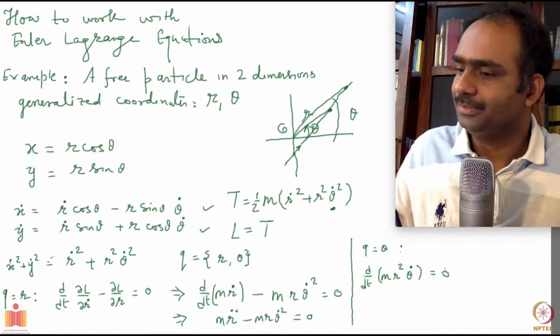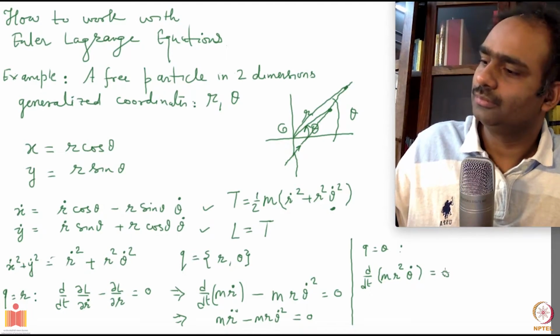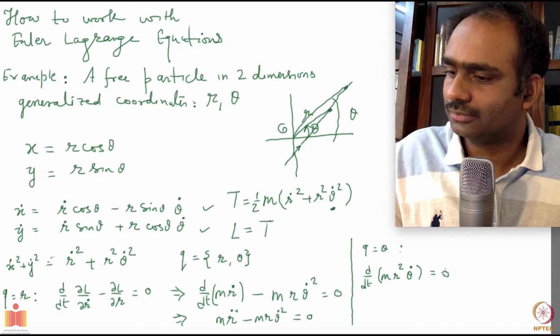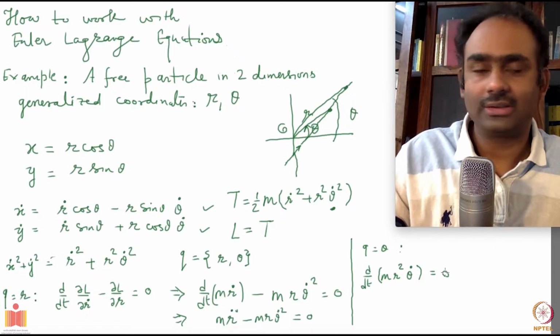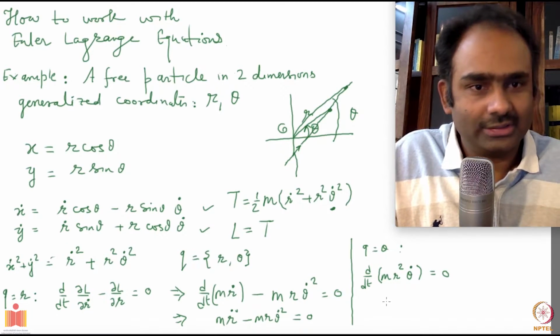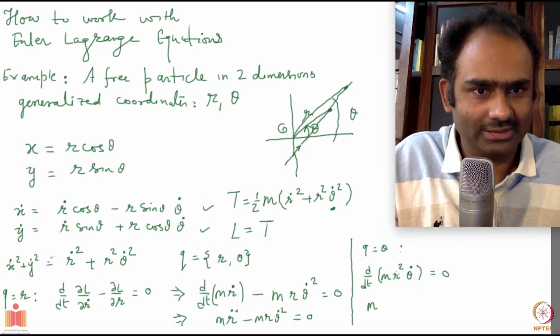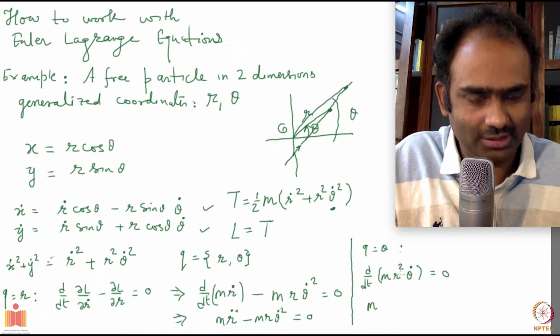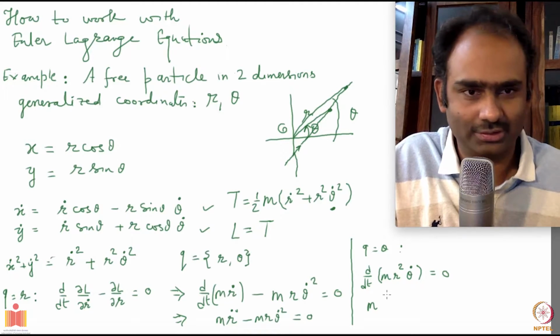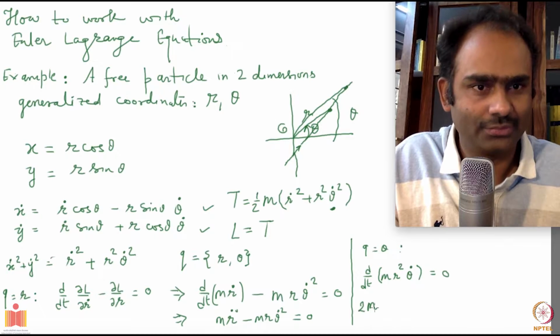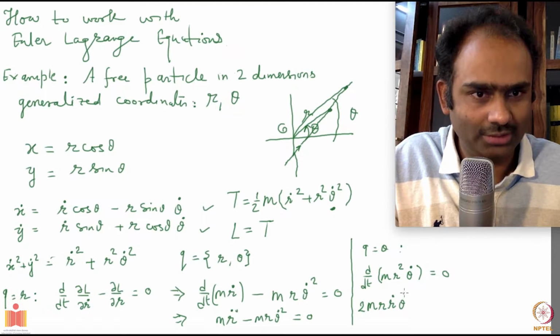Okay, that's good. Perfect. No mistakes. So now I can write this down as m. I take the derivative of r square, total time derivative. I'm just doing the chain rule. So you get 2 r dot theta dot.